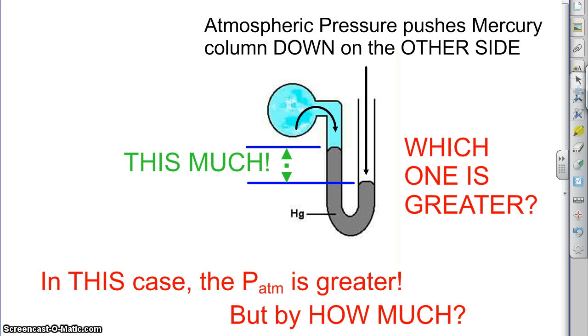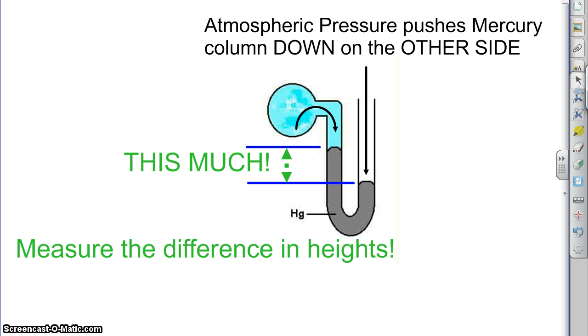Well, what is that? We can go in and measure the heights of each of those columns from the zero line at the bottom and subtract them. That difference in heights equals the difference in pressures, because as we know, lengths of mercury columns can be used as a pressure measurement.